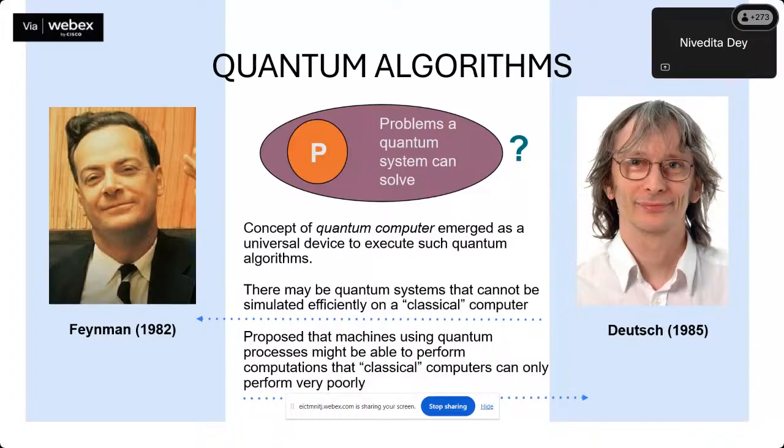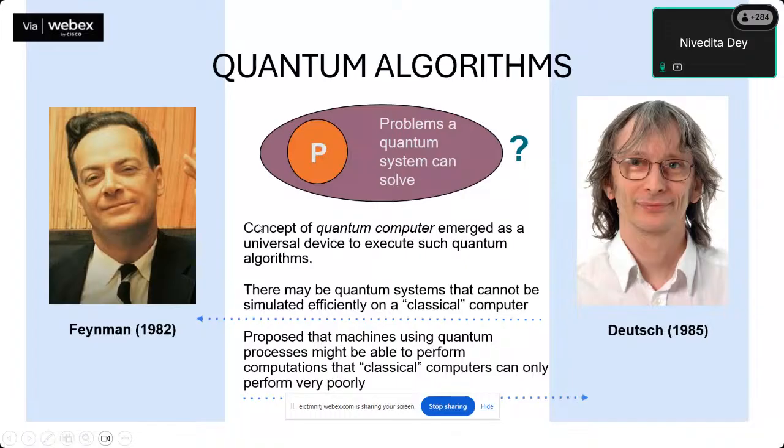That better can be either in terms of a lesser number of queries, which we refer to as quantum advantage, or it can be a significant improvement, which is quantum supremacy, where it might differ exponentially with respect to computational complexity. For example, if classically we can solve something in 2 to the power n, and if we can find a quantum version of the same problem which can solve it in n, then we call it supremacy.